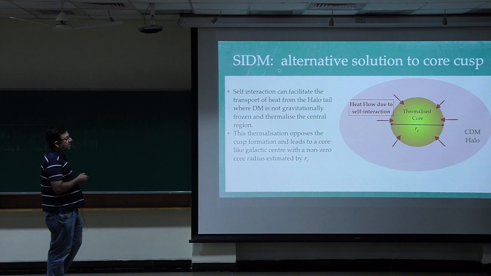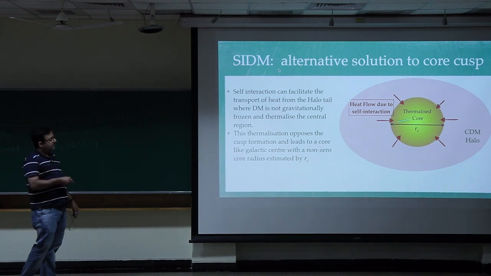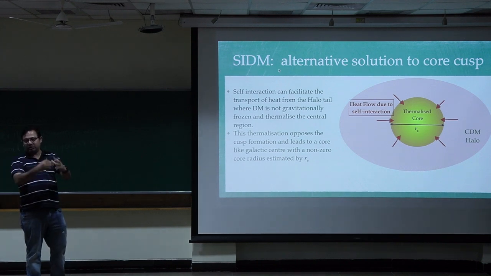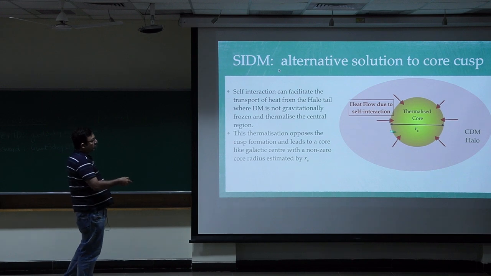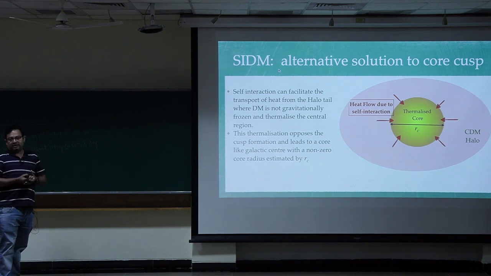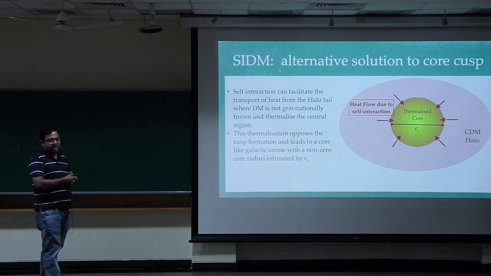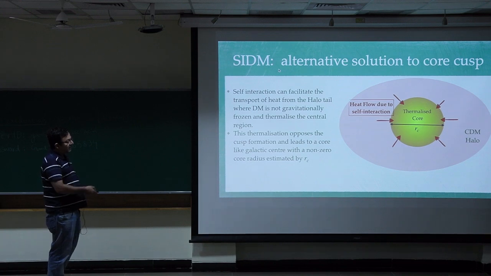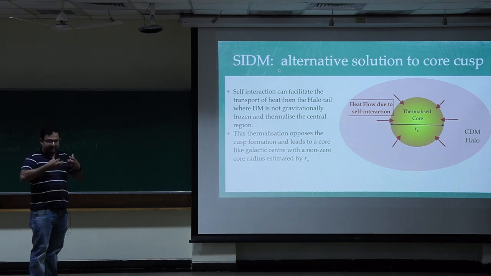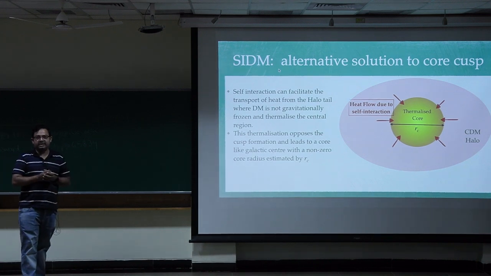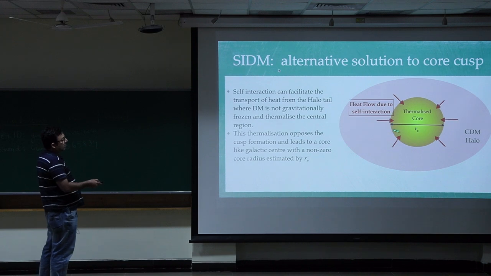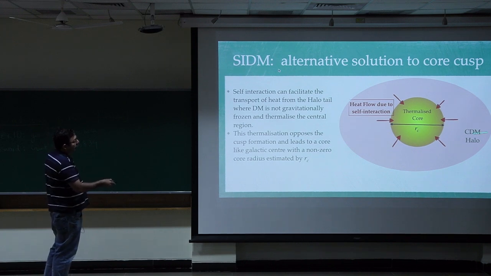But if you add in some kind of self-interaction, it allows a channel to transport heat from the periphery of the halo to the central region, and through this you can thermalize some amount of the interior region. This transport of heat from the periphery to the center creates pressure. The central region being thermalized, it can recreate a pressure which can resist some of the gravitational collapse, creating a core-like structure there.